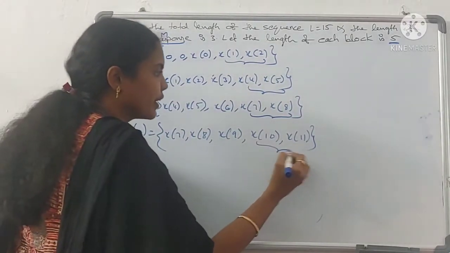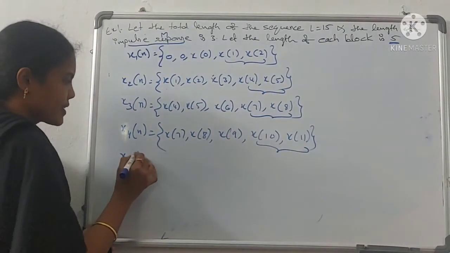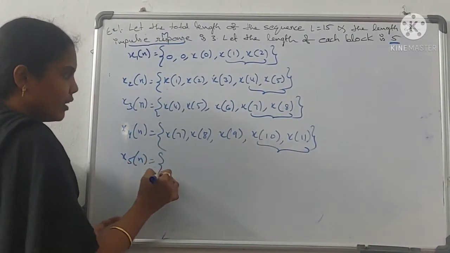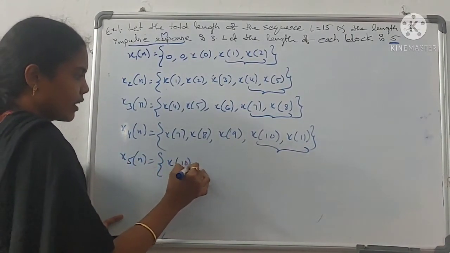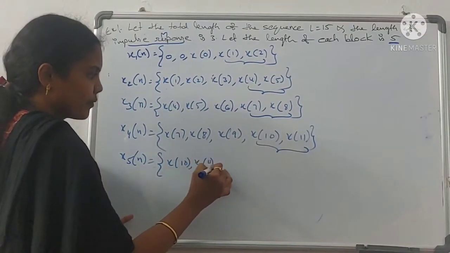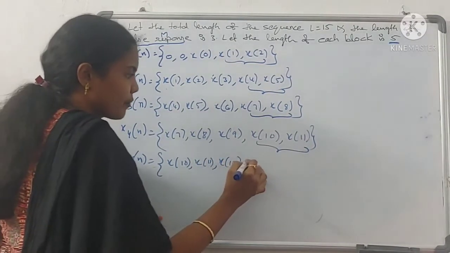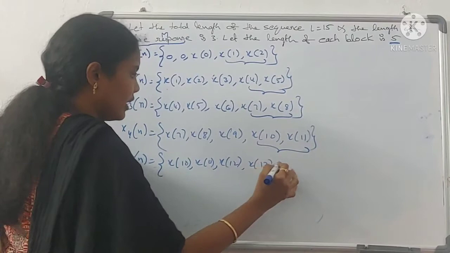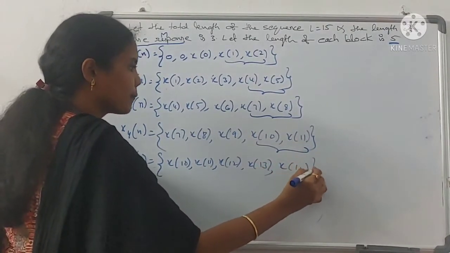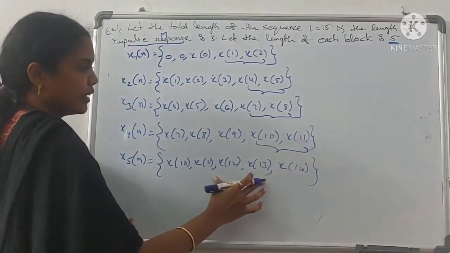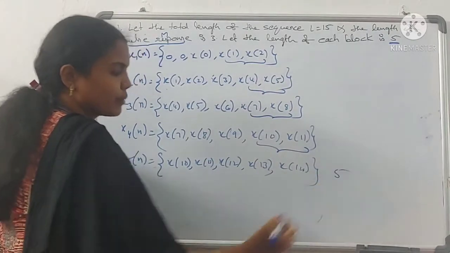Now again you take these two for x5 of n, that is x of 10, x of 11, x of 12, x of 13 and x of 14. Again the length is 5.